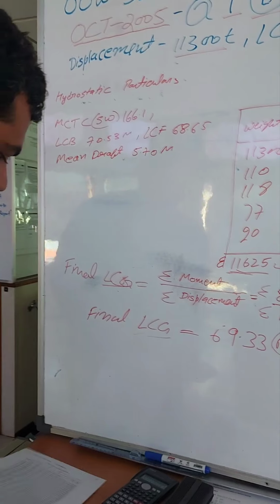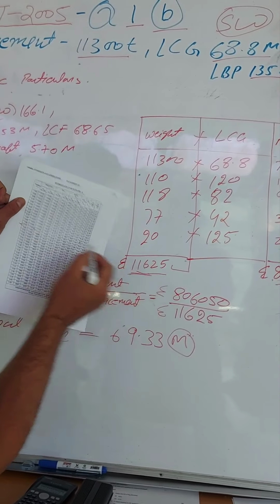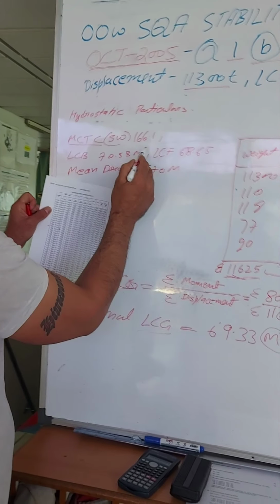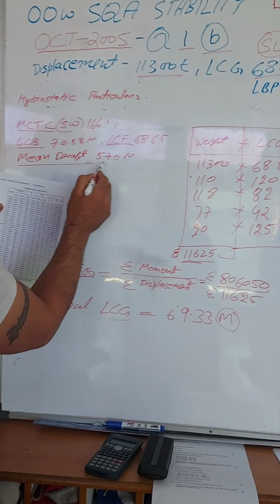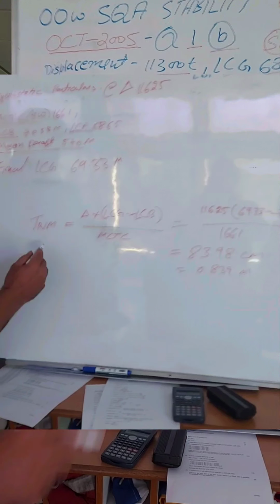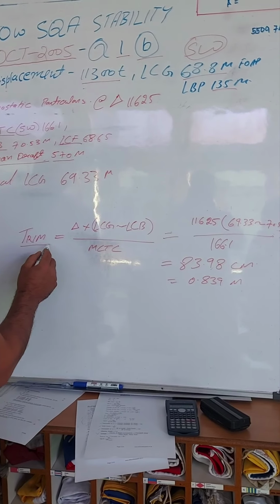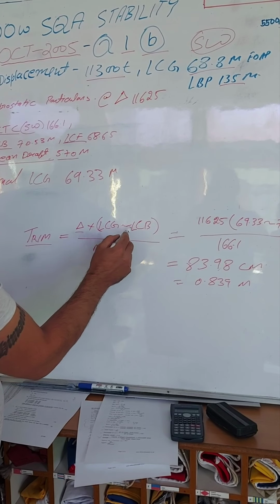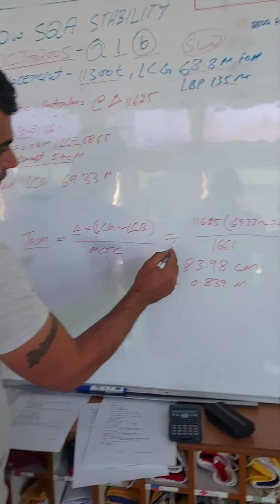Now we'll use the hydrostatic table, and we are taking the final displacement, MCTC, LCB, LCF, final mean draft 5.70 meter from hydrostatic table. We have to find trim. Formula: trim is equal to displacement into the difference of LCG and LCB, divided by MCTC.